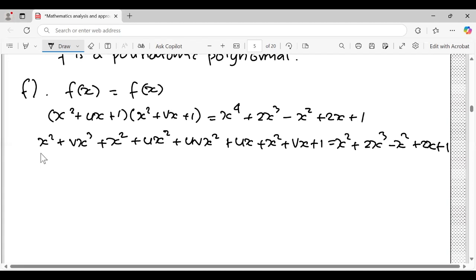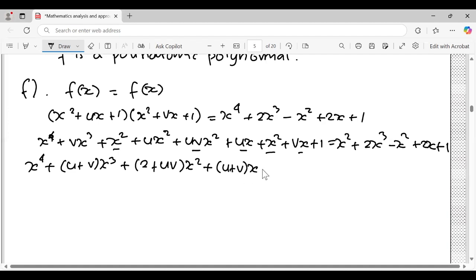It becomes x squared times x squared, so x to the power 4, plus (u plus v) x cubed, plus (2 plus uv) x squared, because one x squared, uv x squared, and one x squared, plus (u plus v) x from this one and this one, plus 1.